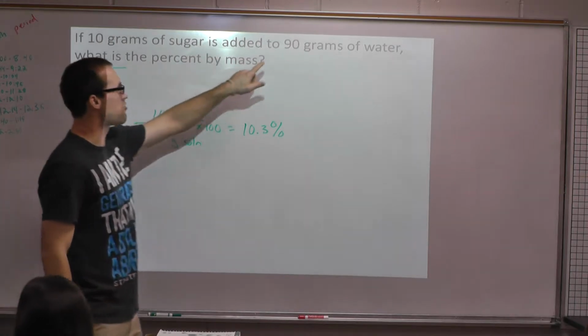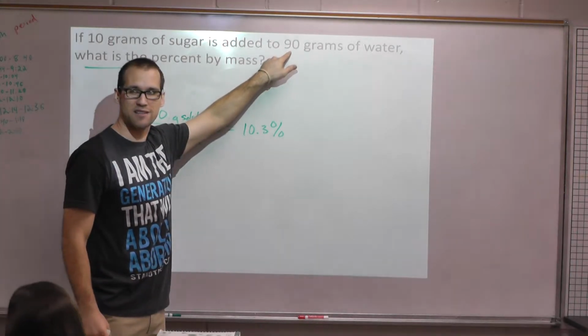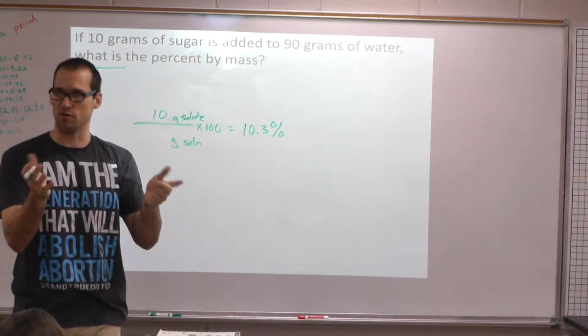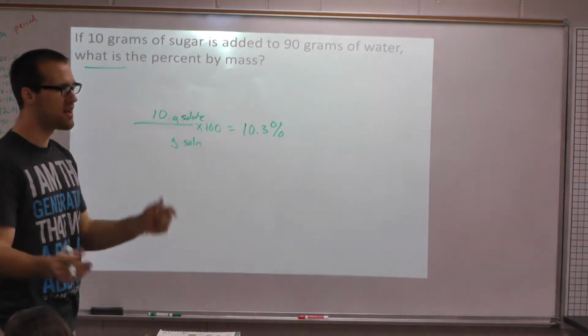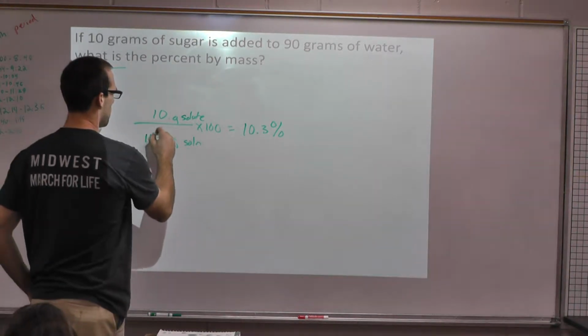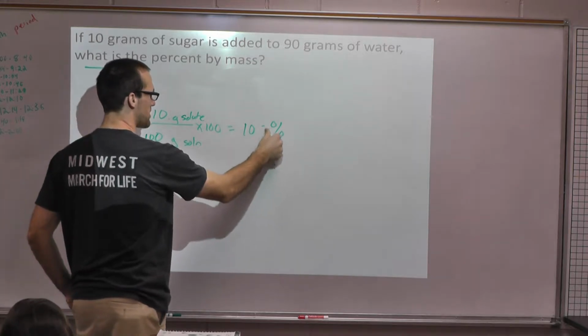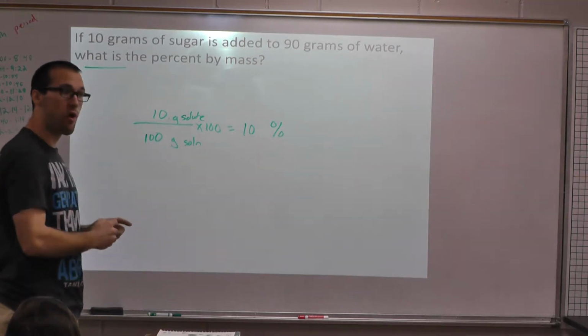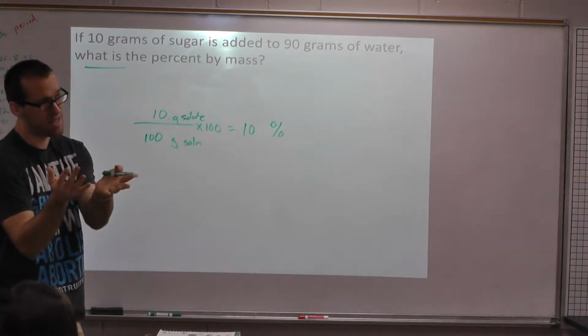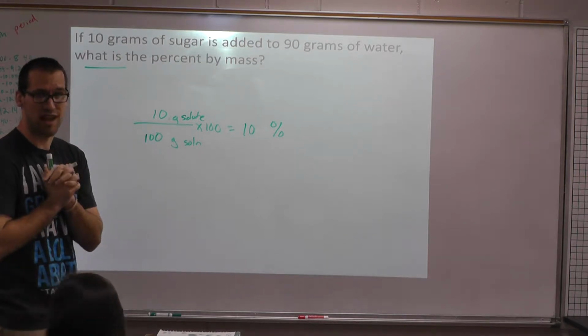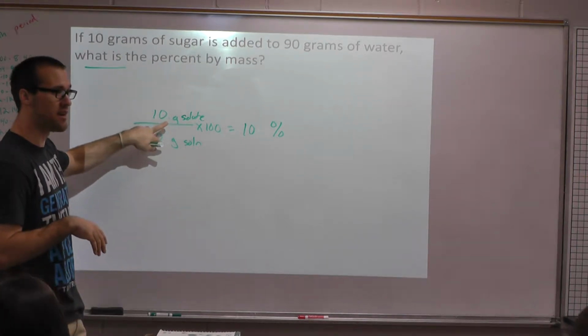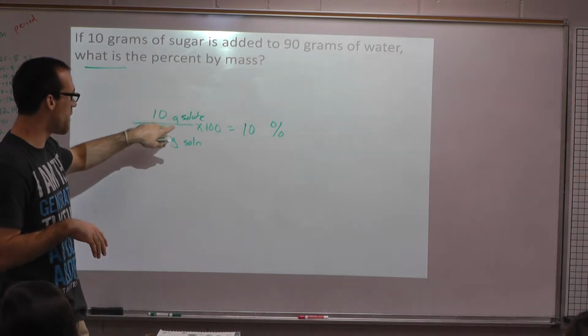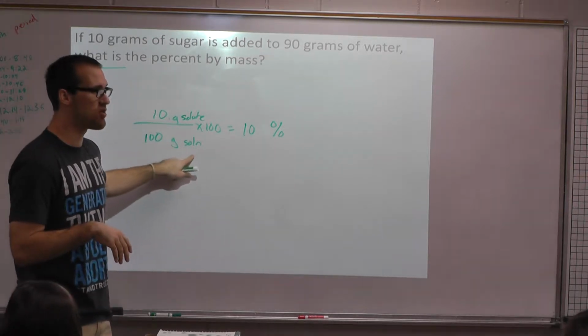But then it gave me the grams of water, which is my solvent. Solvent and solute make up the solution. So add them and you should get 100, which is just 10%. Not overly difficult, but I wanted to point that out and make sure that you understand that the units here are important. And in a way, the substance is also part of the unit.